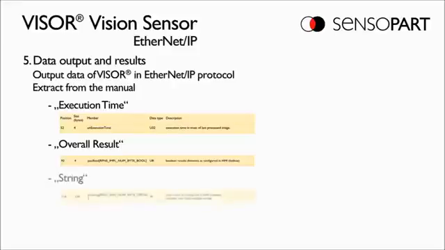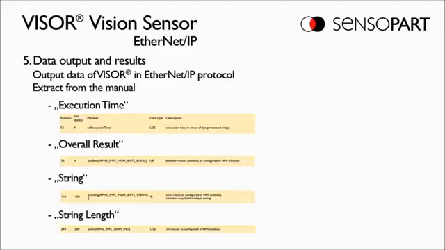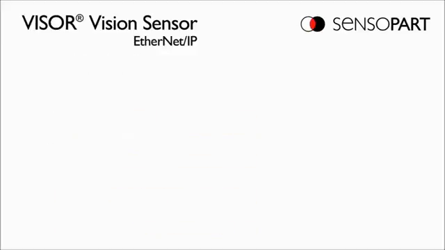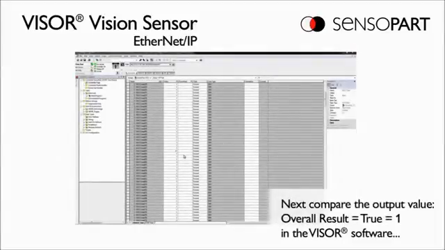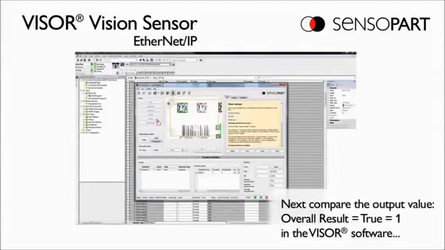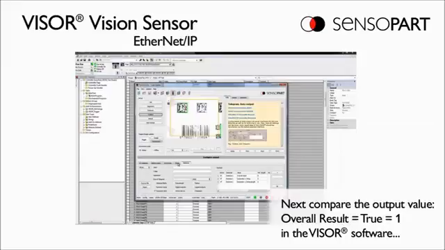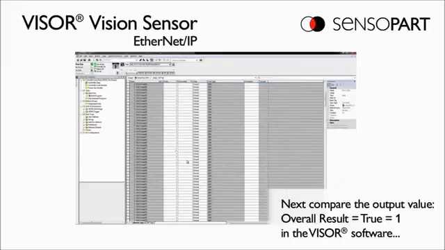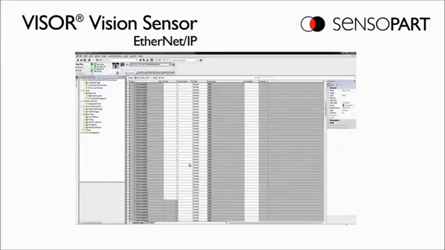This is just describing a little bit about how the VISOR payload data is mapped into the PLC. Next, we'll test that the 2D code was read successfully. So you'll be able to see in the PLC the bit goes high when it's read successfully.